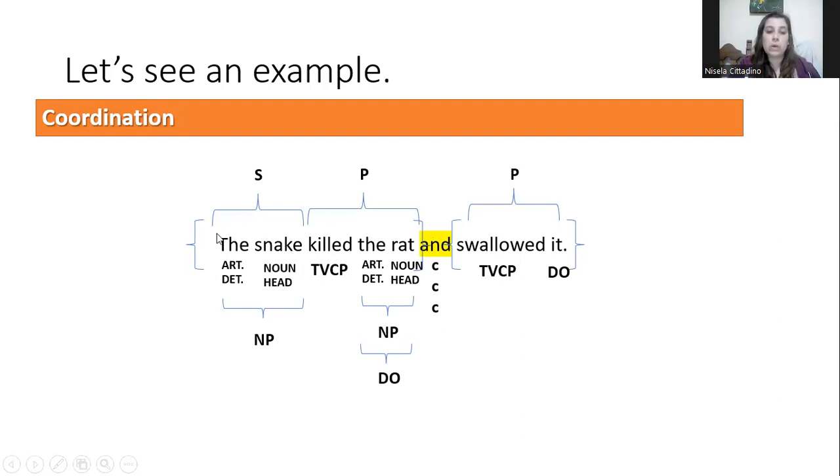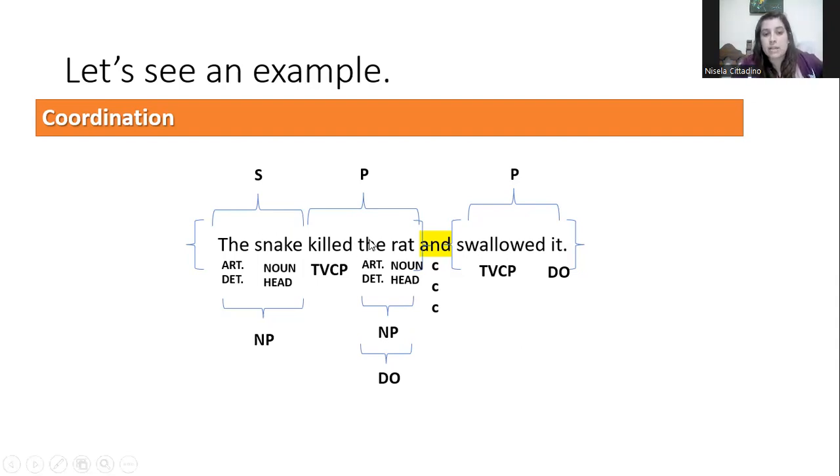So the first clause is the snake killed the rat, so I draw a bracket here and another bracket here. And swallowed it is the second clause, so I draw a bracket here and another one here. Then we analyze each clause as if they were different sentences.